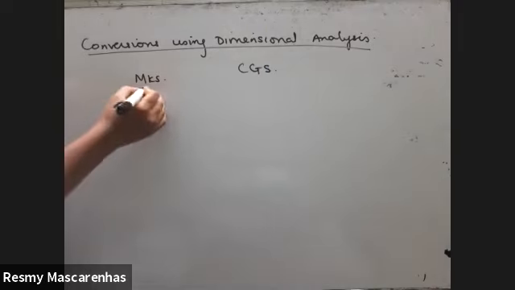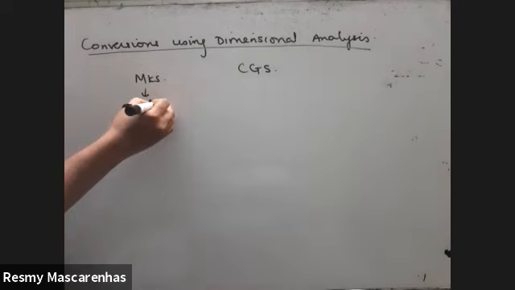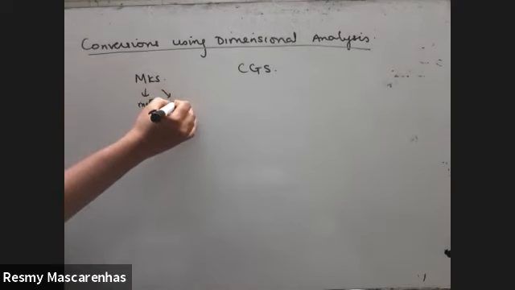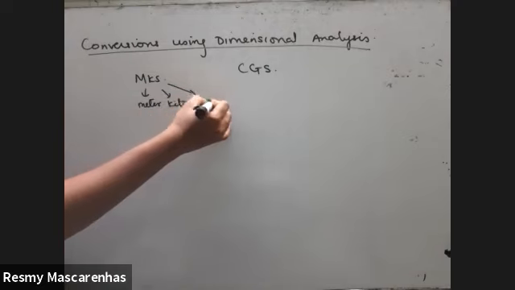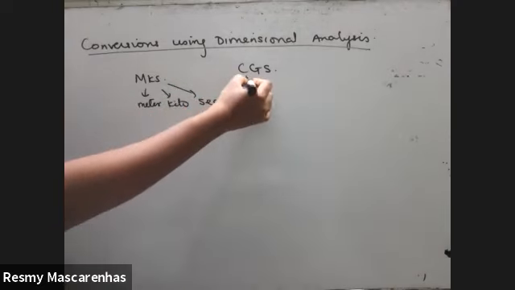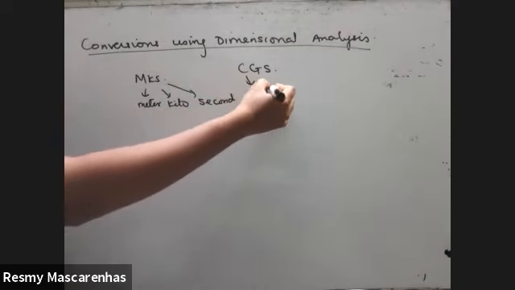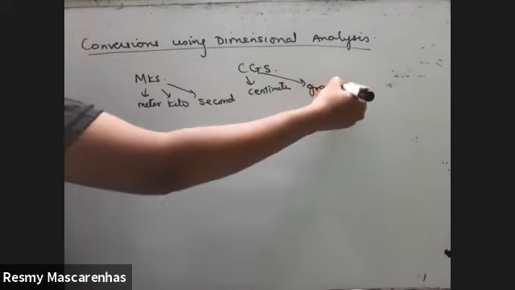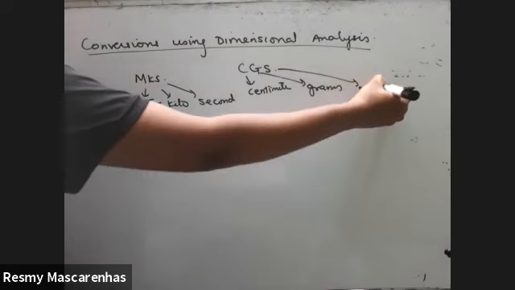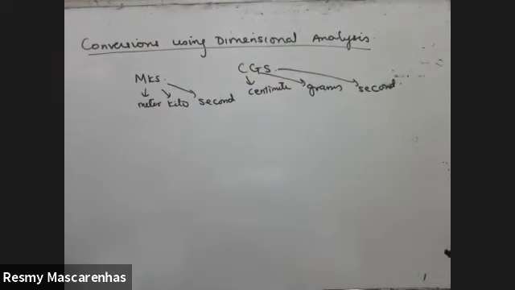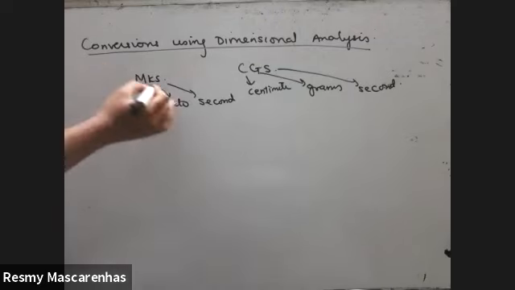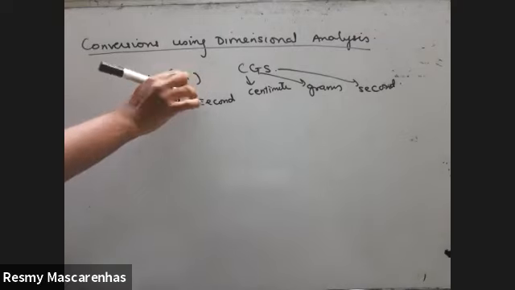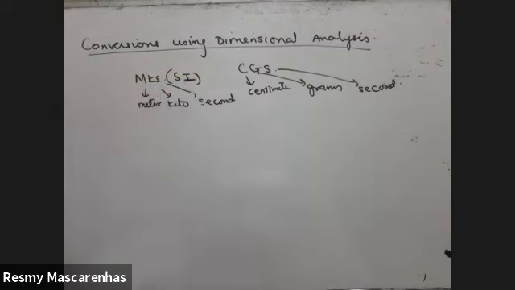In MKS, M means meter, K means kilo, and this means second. In CGS, this means centimeter, this means gram, and this means second. Whenever there is an SI unit, you have to mostly follow the MKS system.